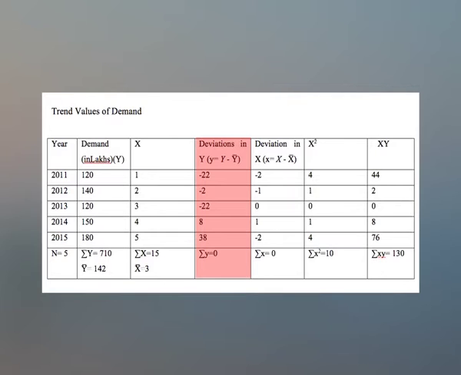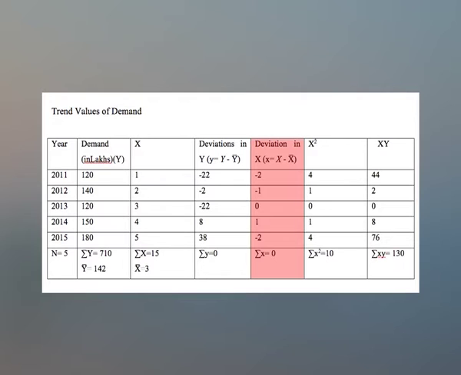Then for 2014, we will have 8. For 2015, we have 38. Now the summation of all these will give us sigma y, which will be 0. Similarly, sigma x in the previous column we have 15, and the mean value, which is represented by x bar, is equal to 3. The demand total is sigma y, which is equal to 710, and mean, which is represented by y bar, is equal to 142.